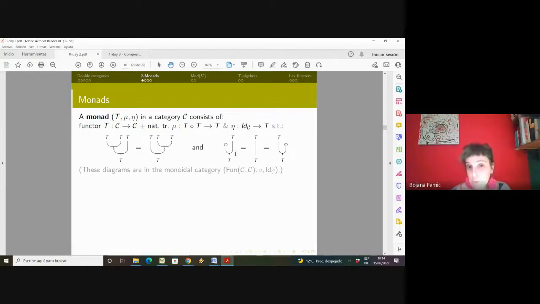Now, usually these axioms are written in square diagrams, but since I worked with braided monoidal categories, I like these string diagrams, and now I will explain how I use them. Normally, these string diagrams are used in strict monoidal categories, and thanks to the strictification theorem, we can always go to an equivalent strict monoidal category.